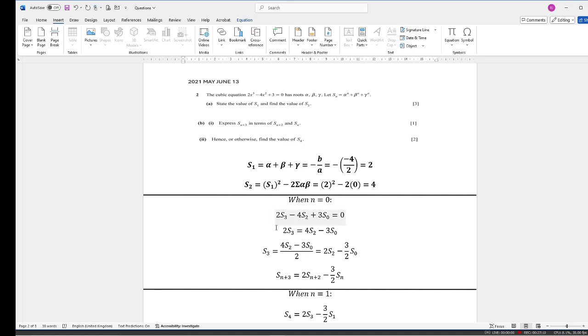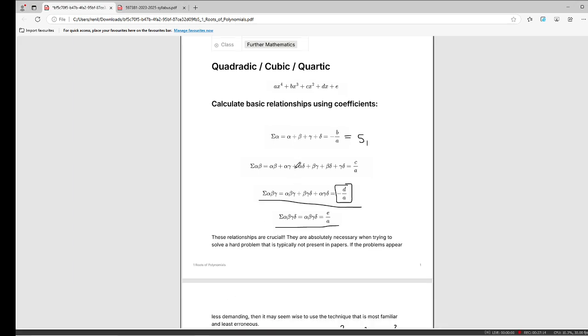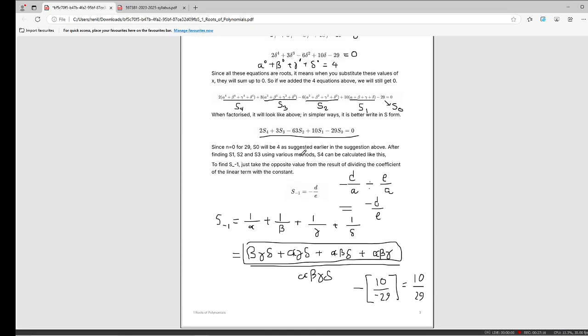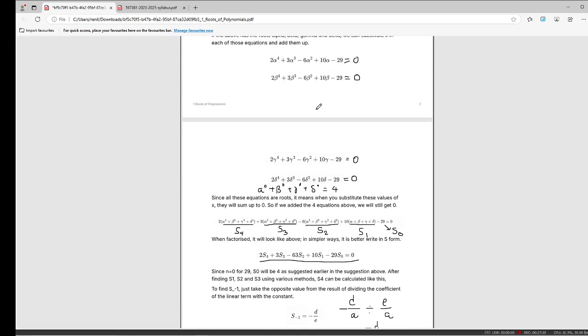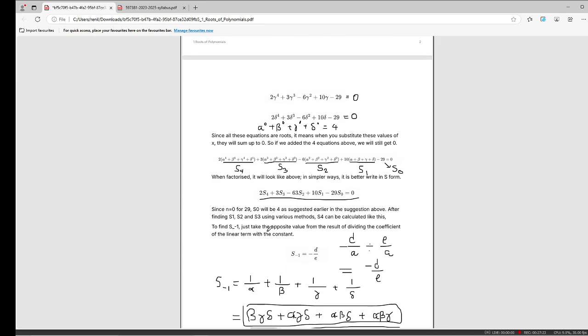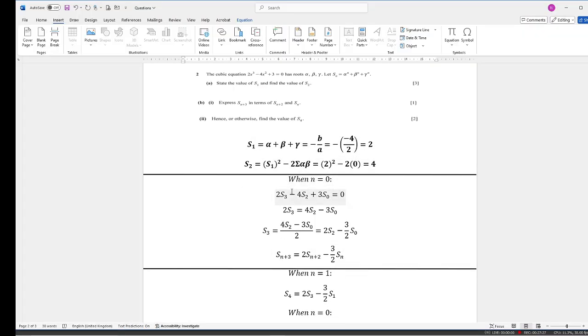So using the equations in our roots of polynomials equations over here, and using this equation right here, as we know how to add up all the roots together, we're going to get something like that. So when you plug in, we're going to get 2S3 minus 4S2 plus 3S0, and this is equal to 0.